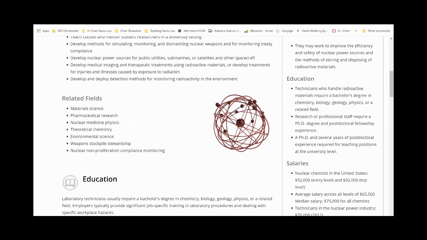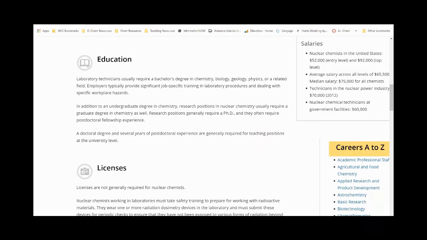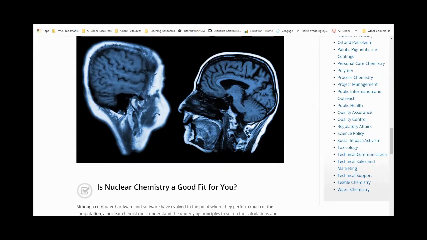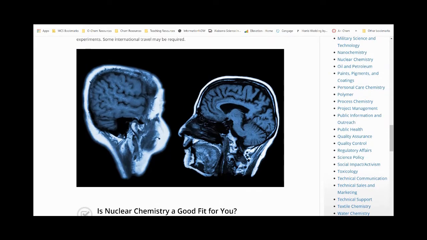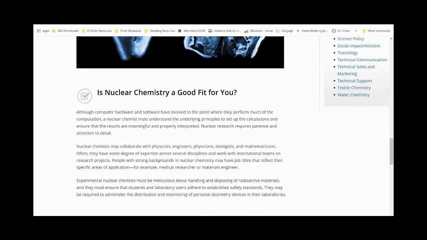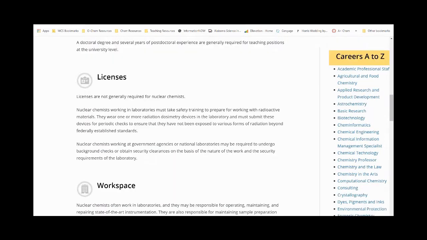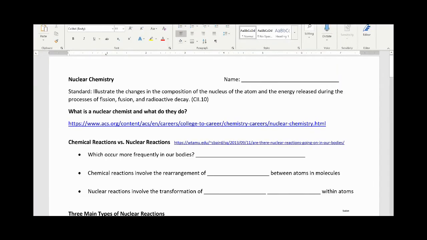And so it's just interesting, you're welcome to pop on and keep reading, like what education it requires, what their workspace may look like. Here's a picture of some medical imaging. And then at the bottom, they typically have a thing like, hey, is this going to be a good fit for you? So that just gives you an idea of what we're talking about here.